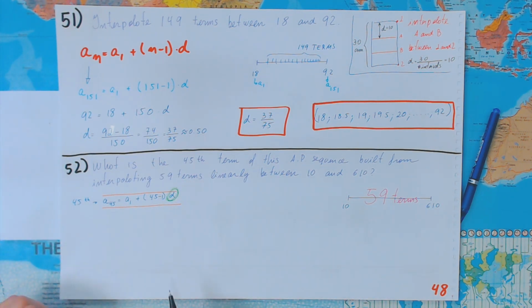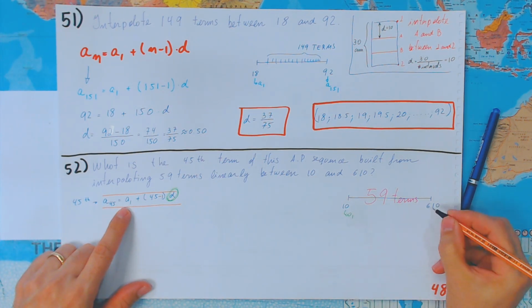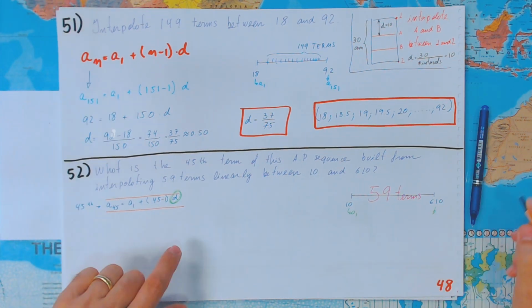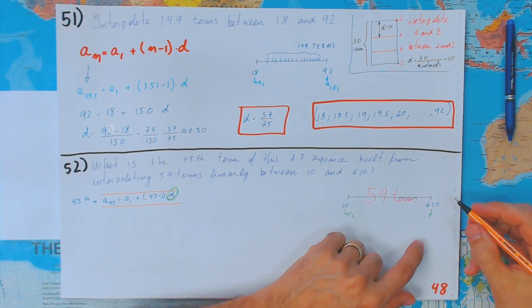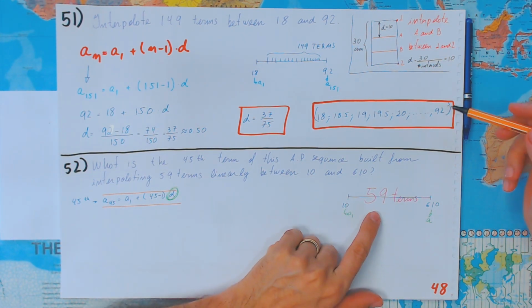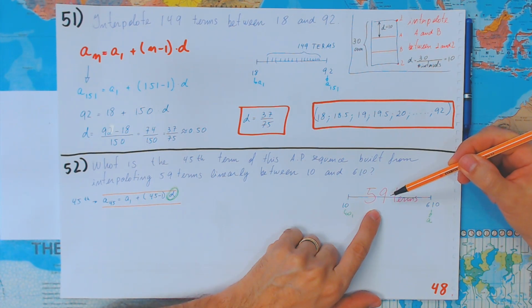Okay, and we know a1. a1 is 10. And this last term is going to be a sub what? Now let's see. Remember, if we have 59 terms being interpolated, we are going to have 60 intervals.